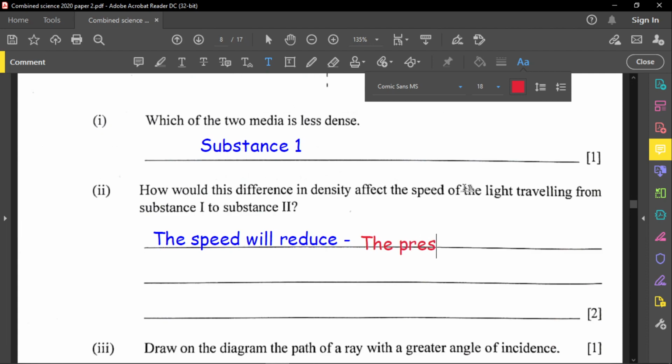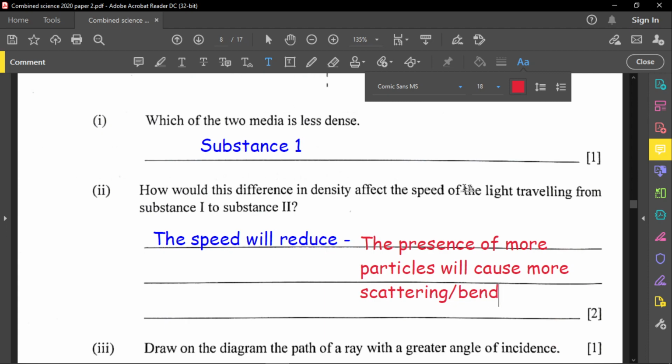The presence of more particles will cause more scattering, more scattering slash bending of the light.